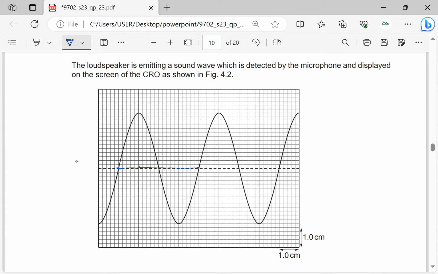So from the axis, the amplitude is 1, 2, 3, 4 squares, then 1, 2, 3, 4, 5, then 1, 2, 3, 4. So the number of small squares here are 14.